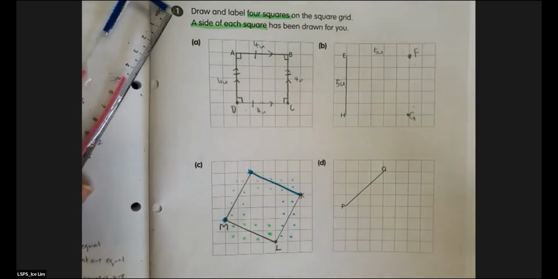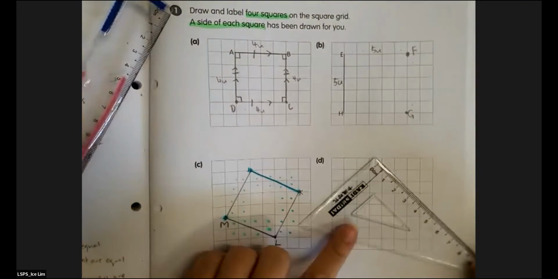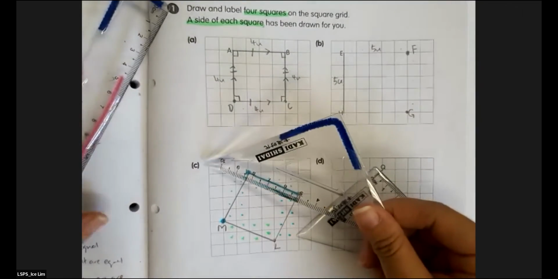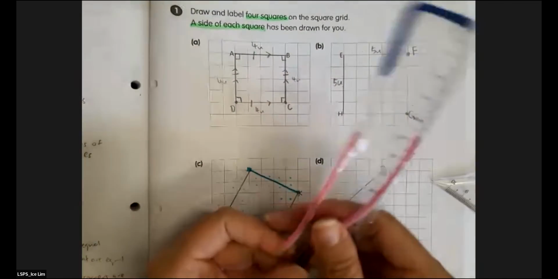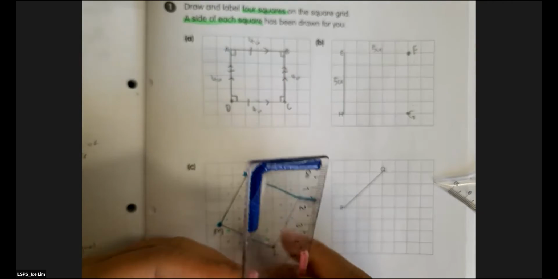The set square has a right angle already. So the right angle helps. For me, I use the pipe cleaner to label the right angles for me to easily remember. Parallel lines and perpendicular lines.